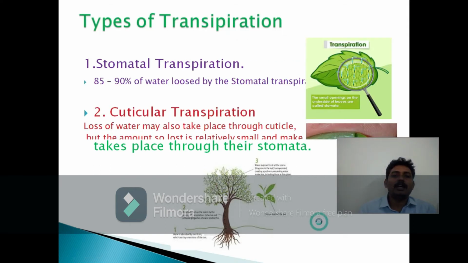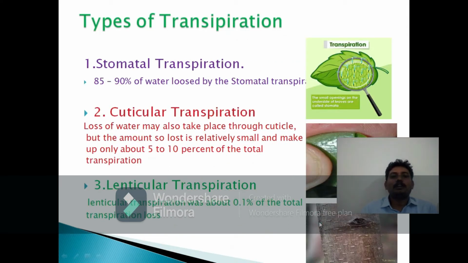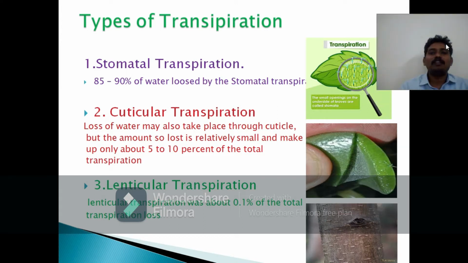Coming to the next one, types of transpiration. The first one is stomatal transpiration, the second one is cuticular transpiration, and the third one is lenticular transpiration. Let us discuss them one by one. The first one is stomatal transpiration.